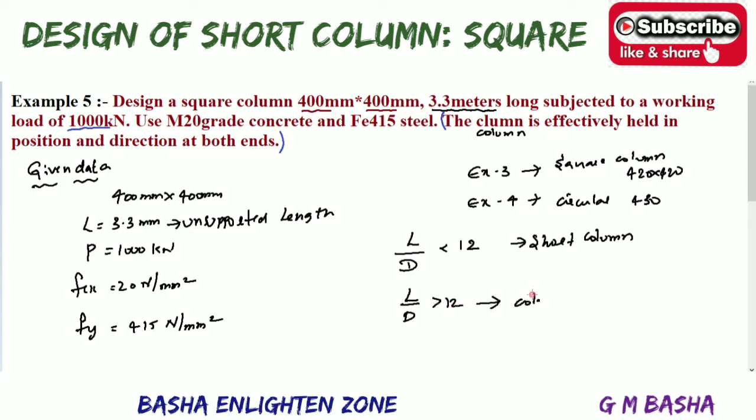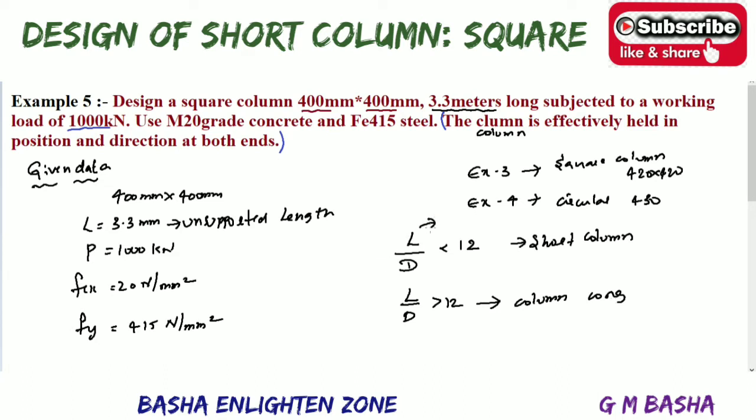Already I explained the conditions which come under the short column and long column. If L by B or L by D is less than 12, it comes under short column, or if L by D is greater than 12, you have to solve this problem based on the long column. And here L is the unsupported length.